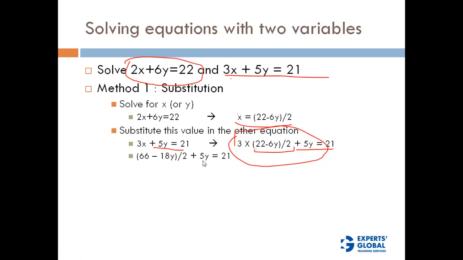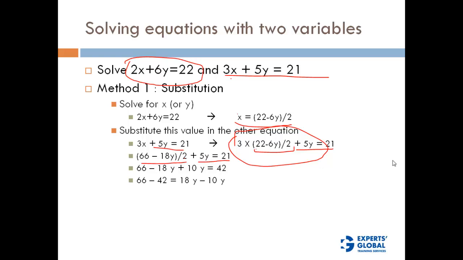If you simplify, this becomes 3 into 22 is 66 minus 3 into 6y is 18y, divided by 2, plus 5y is equal to 21, which is 66 minus 18y plus 10y equal to 42. So we multiplied both the sides of the equation by 2, right?